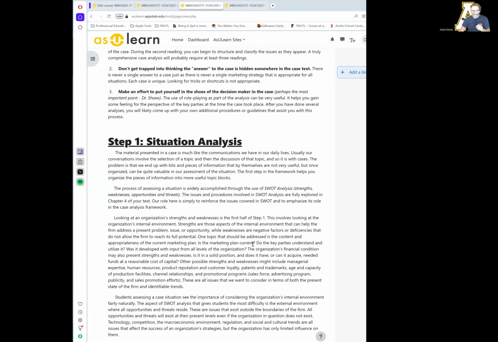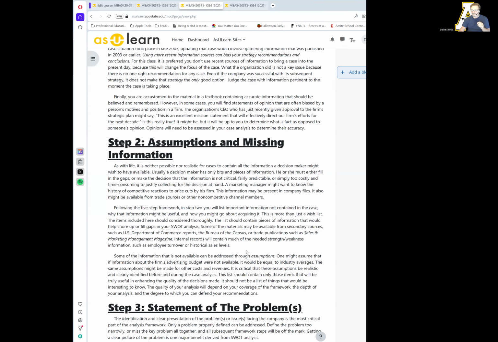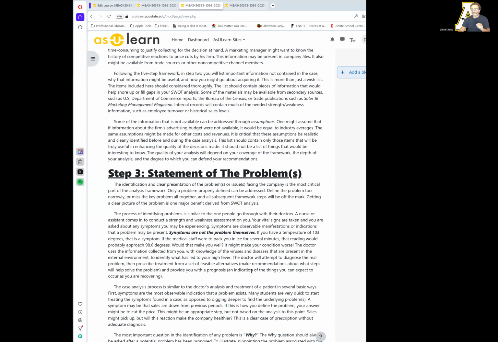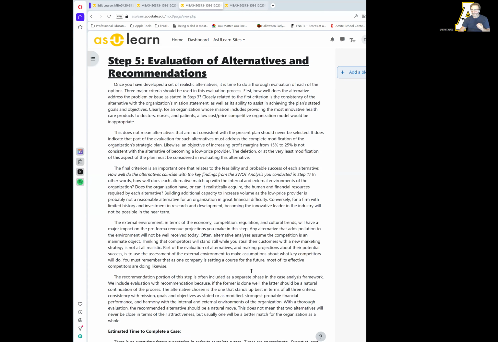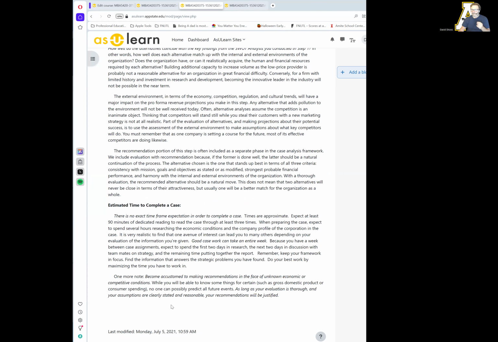So remember the situation analysis, the assumptions of missing information, the statements of the problems, the development of alternatives, and the evaluations and recommendations. So what is the estimated time to complete a case?